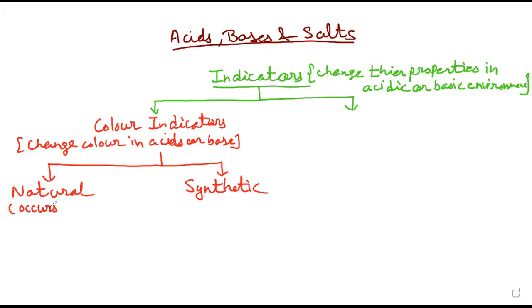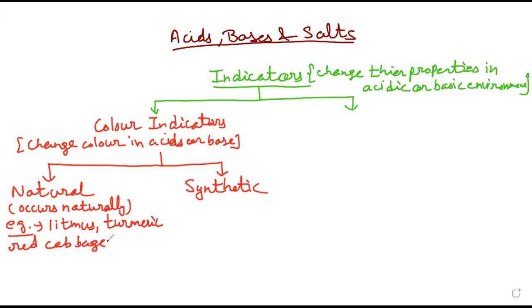Examples, there are many, like litmus. Yesterday, we were doing one activity with turmeric powder. So turmeric also, red cabbage, and China rose. So dear children, remember these names.